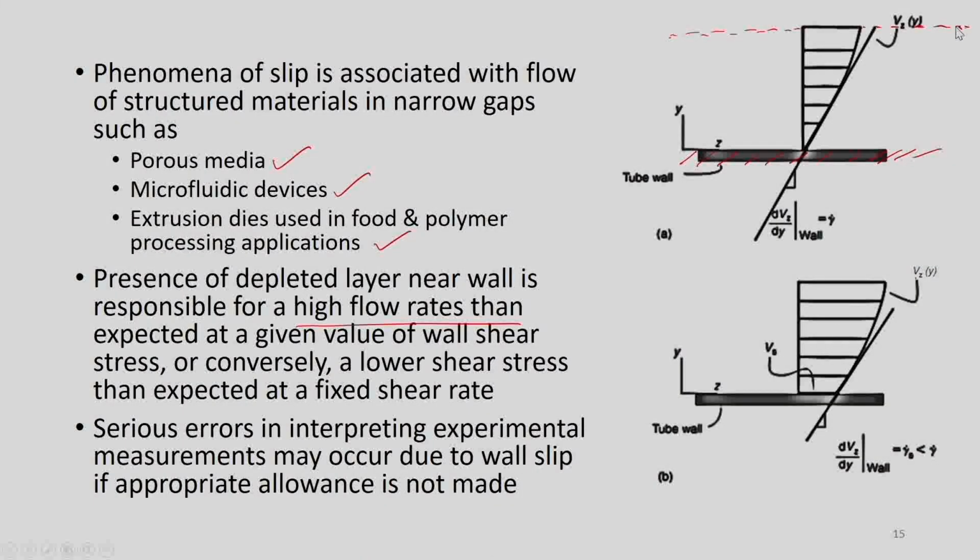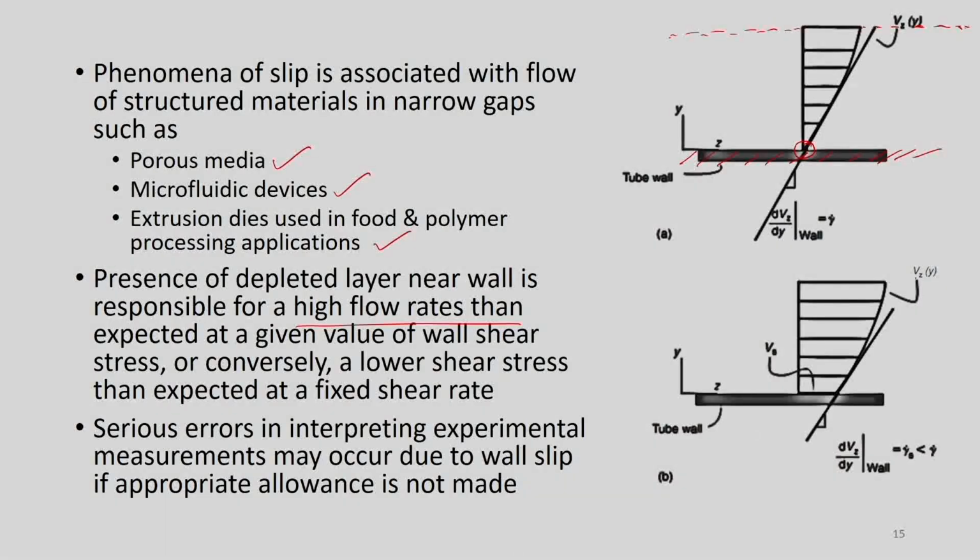In general, we expect the velocity to be 0 at the wall because of the no-slip condition, where the layers of the fluid attached to the surface have the same velocity as the wall. Here the velocity is 0 because the capillary is not moving, and then gradually, as we move towards the center of the capillary, velocity increases.